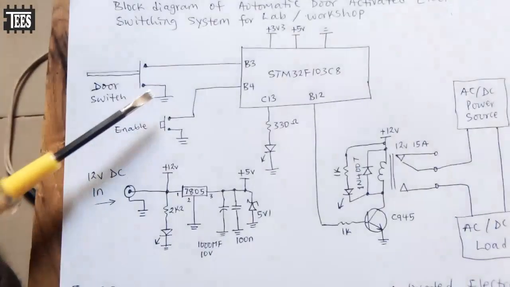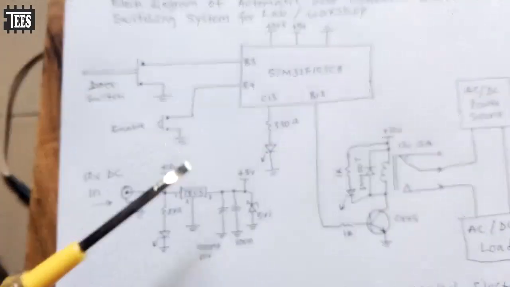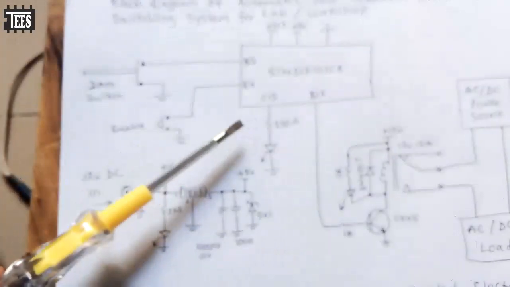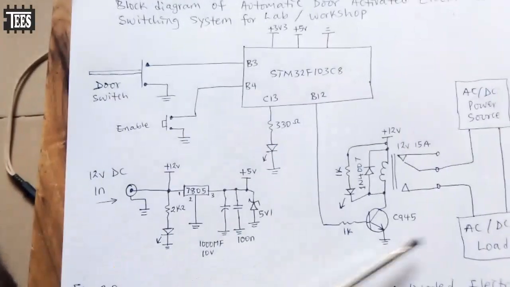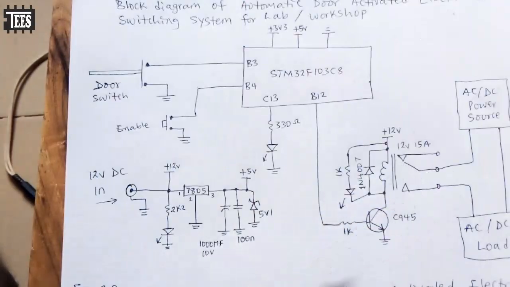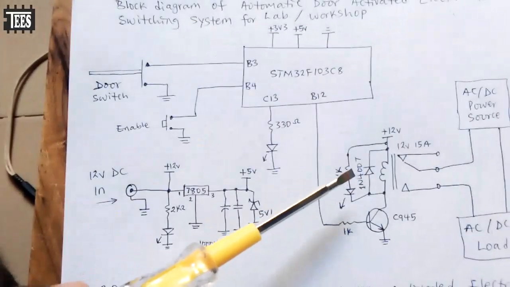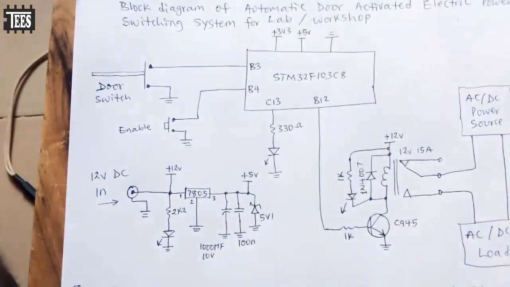Now in a situation whereby people are still in the workshop, you all decide to close the doors, but if people are inside working, you press this button to tell the microcontroller not to disconnect the load, leave the relay on. That's what it means when you press this. So the moment somebody opens the door, the system is going to restart the sequence. You understand? So this is just how the system works.